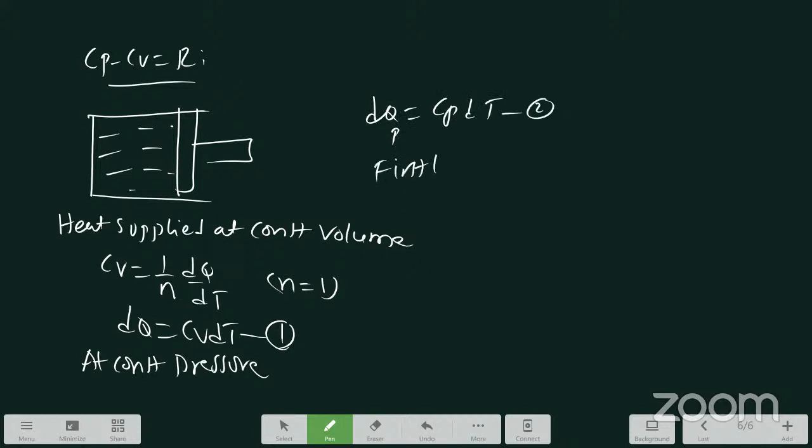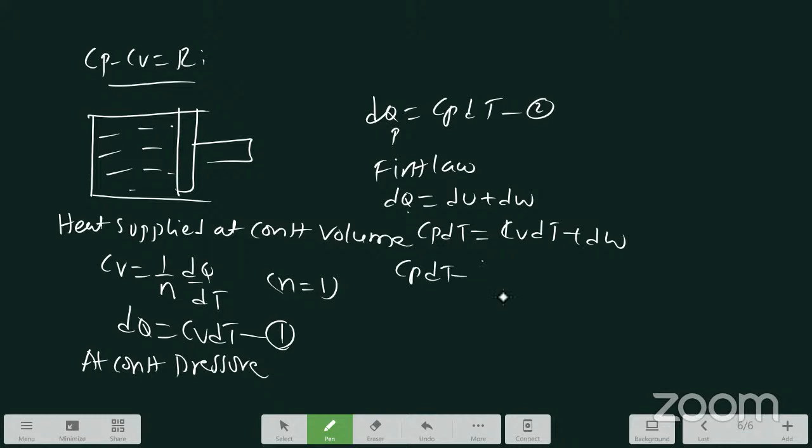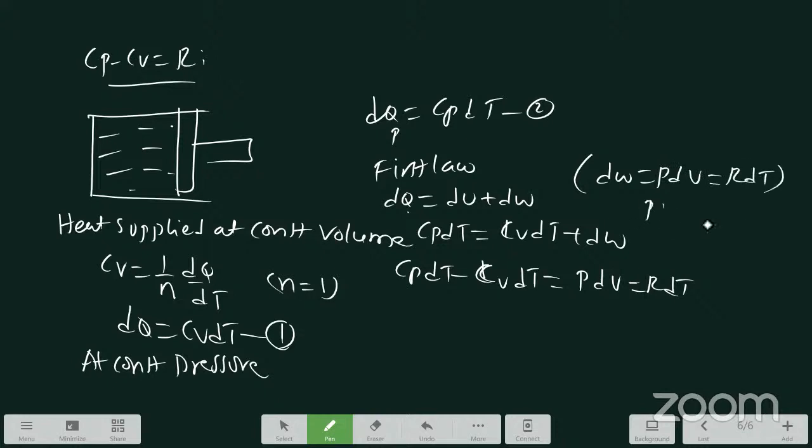First law of thermodynamics: dq is equal to dU plus dW. dq means Cp dT, dU means Cv dT, and dW as usual we are writing. Cp dT equals Cv dT plus dW, where dW is equal to PdV, and PdV is equal to RdT because of the ideal gas equation.